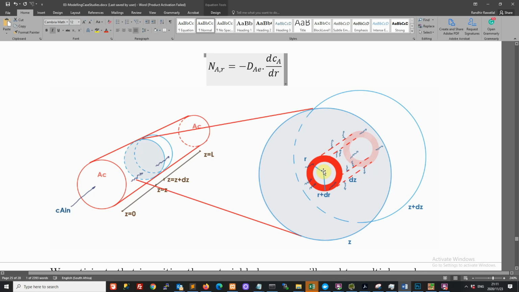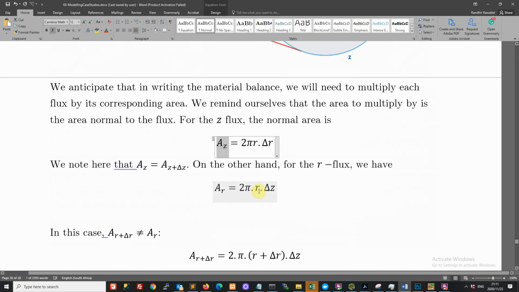So if you like, A is radiating its way outwards from the center here. And so the first surface it sees is this inside surface here. And if you think of it, you've got the perimeter here, 2 pi r, and then the length there, delta z. So the inside surface of this annulus is 2 pi r delta z, right?